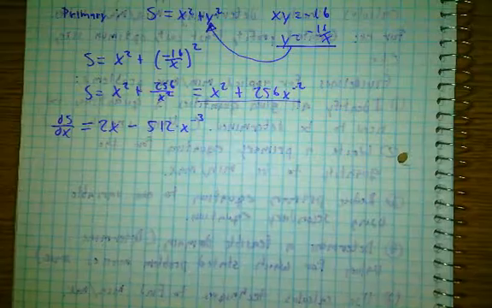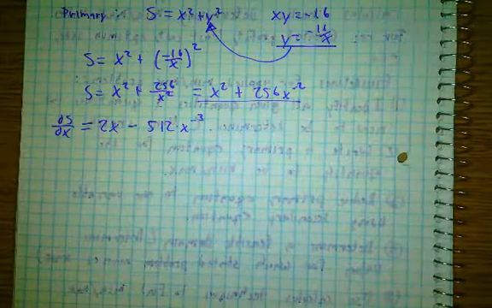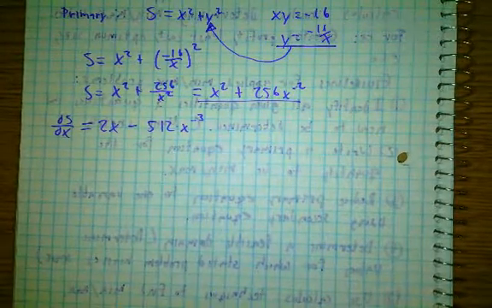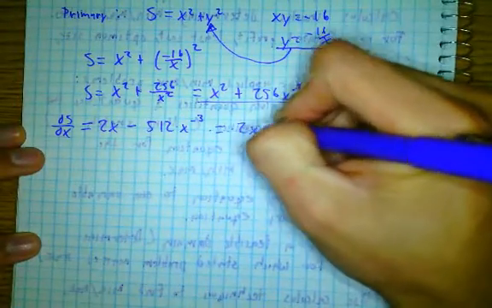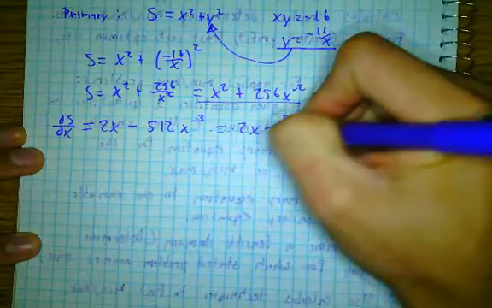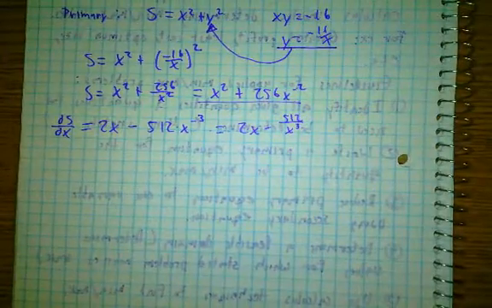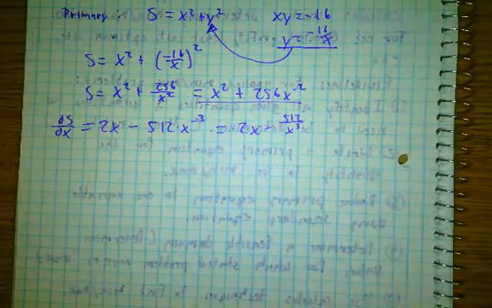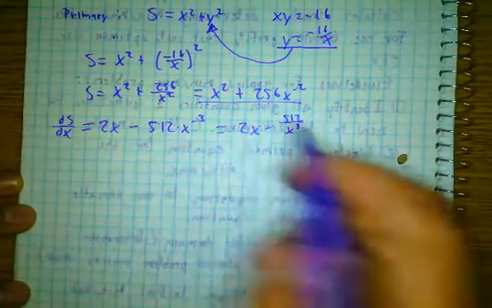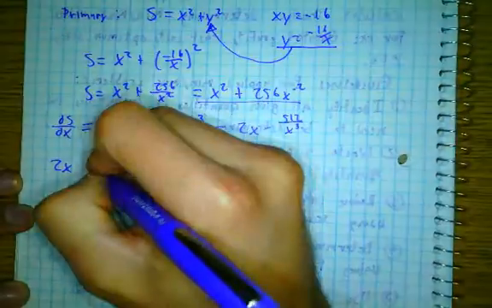Agreed? What I would do is, before I do that, I'm going to rewrite this as 2x minus 512 over x to the third, just because that bothers me a little, but should be fine. Okay, so we need to set this equal to 0. So 2x minus 512 over x to the third equal to 0.